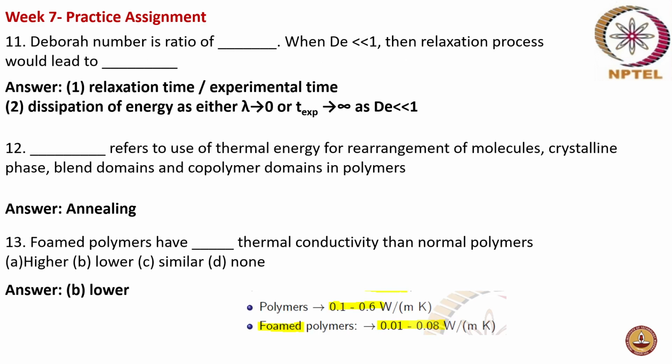Polymers in general have a thermal conductivity in the range of 0.1 to 0.6 watt per meter Kelvin. Whereas formed polymers have a thermal conductivity of the range of 0.01 to 0.08 watt per meter Kelvin. So they really have one order lower values of thermal conductivity compared to a normal polymer. Okay.